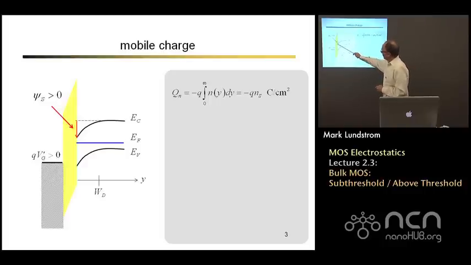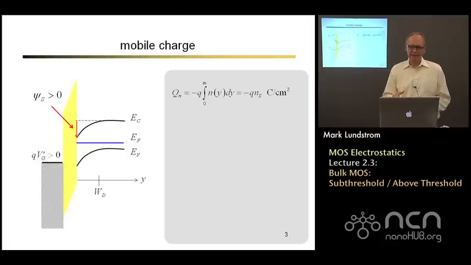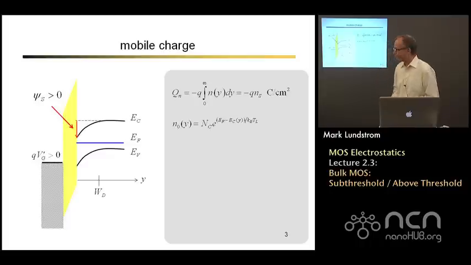And then I have to integrate the electron density per cubic centimeter into the depth of the semiconductor. So I'll take an integral of n(y) dy, and the result of that integral is the sheet carrier density, n_s, in density per square centimeter, and then when I multiply by minus Q, I get the charge in coulombs per square centimeter.